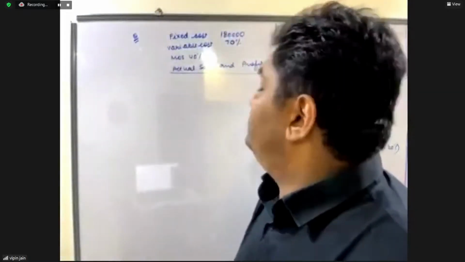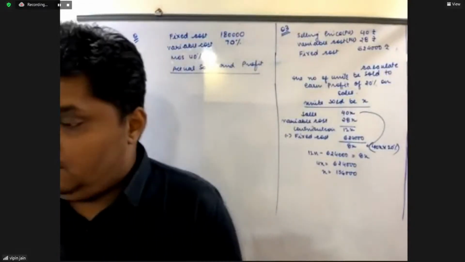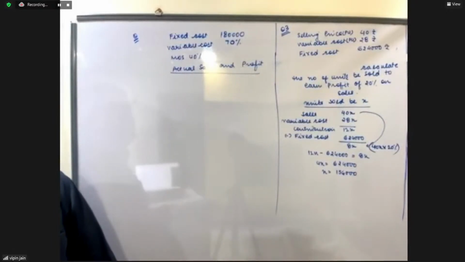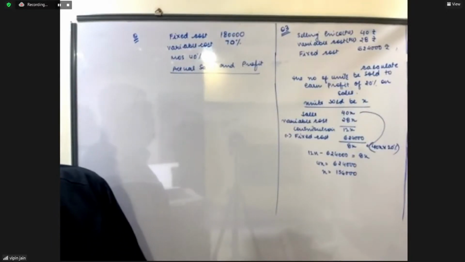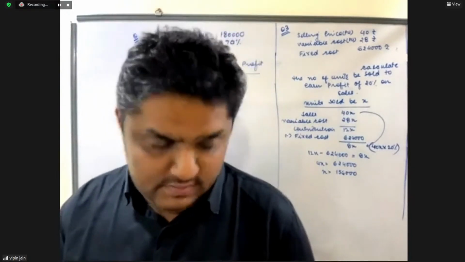Okay, so Manisha has posted the answer. Let me check, Manisha. The question is that fixed cost is 1,80,000, variable cost is 70%, and margin of safety is 40%.